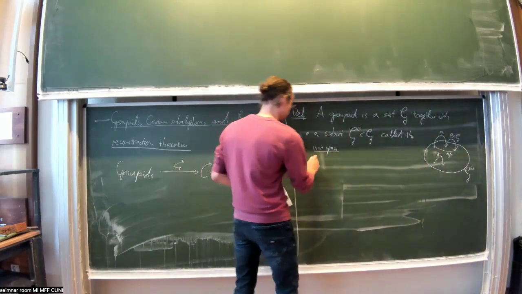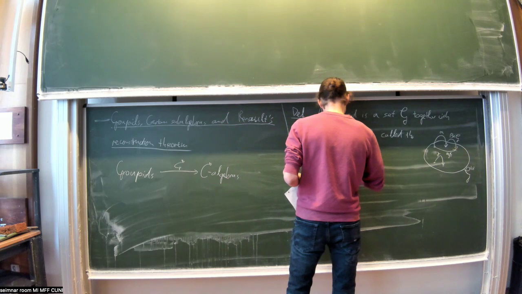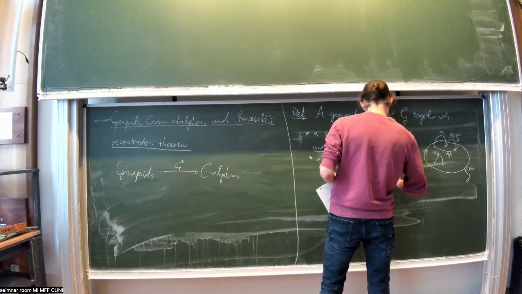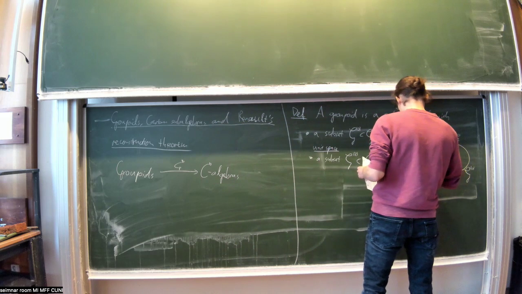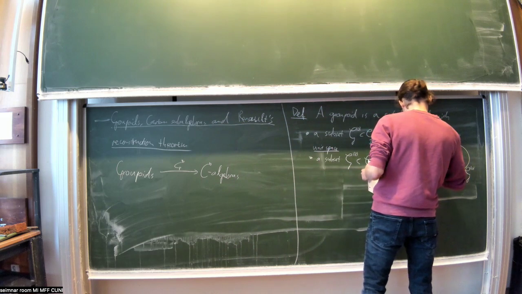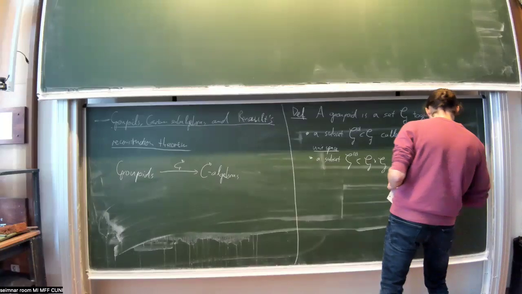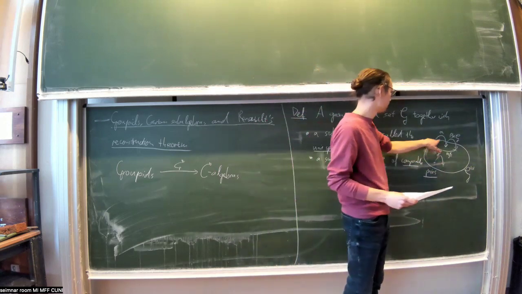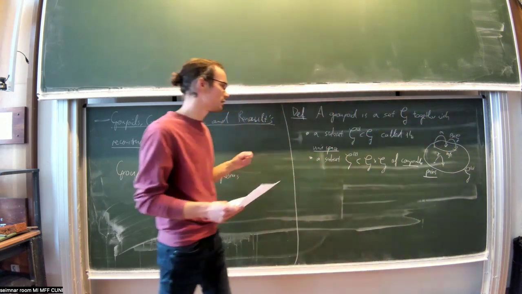So to make that precise, we have a subset G2 of the Cartesian product of G with itself. These are called composable pairs. Intuitively, those are the arrows where the range of the first arrow is equal to the source of the second.